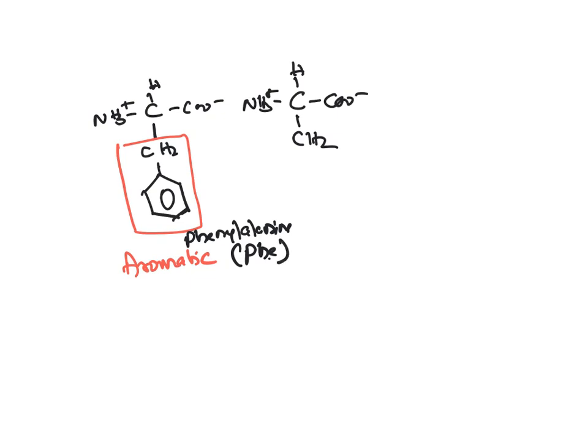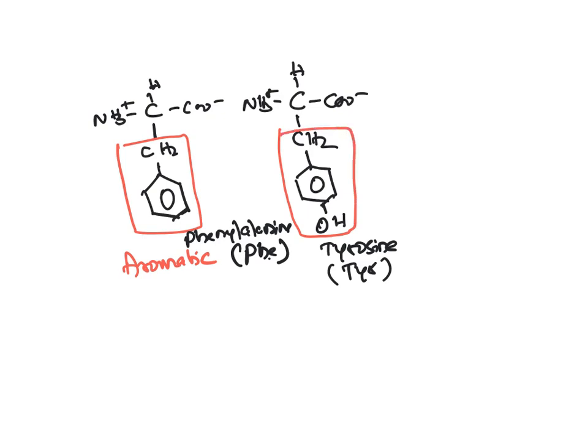Tyrosine has CH2 and a benzene ring, just like phenylalanine. Additionally, it has a hydroxyl group attached to the benzene ring. Tyrosine is written as TYR. So the side chain of tyrosine is CH2, a benzene ring and a hydroxyl group.